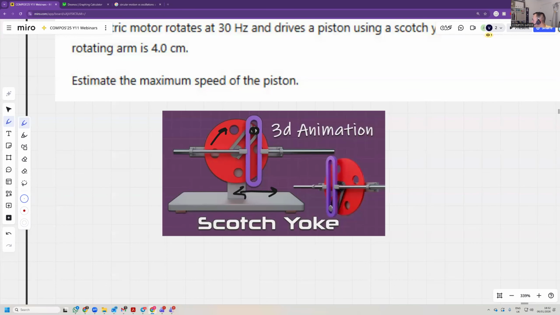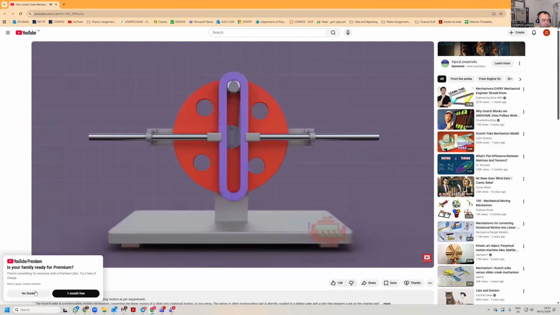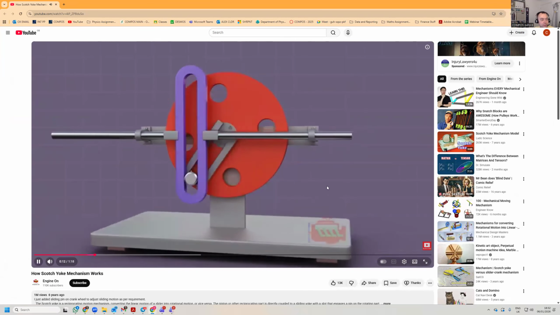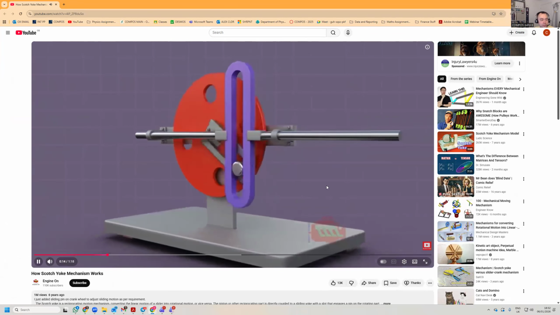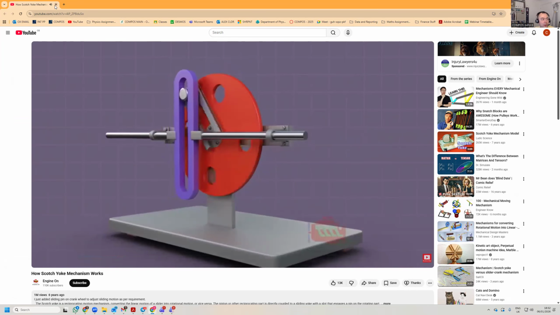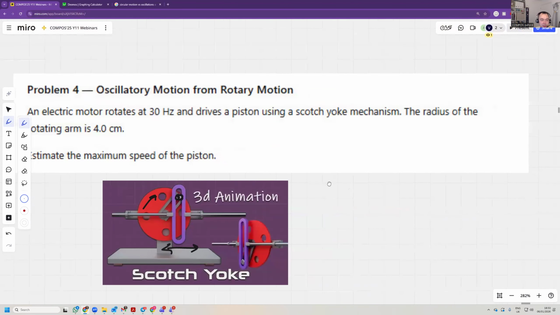Let's see. This is how it looks. An electric motor rotates at 30 Hertz and drives a piston using a Scotch yoke mechanism.